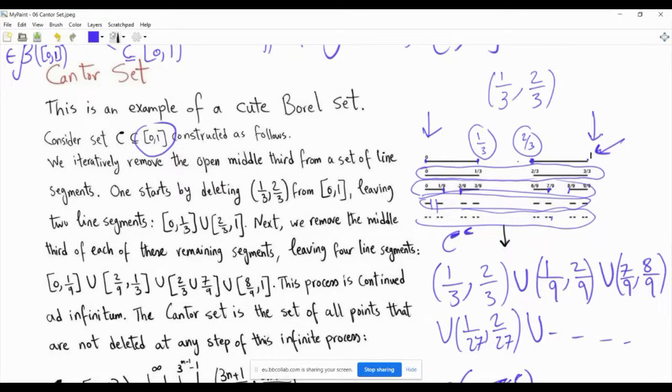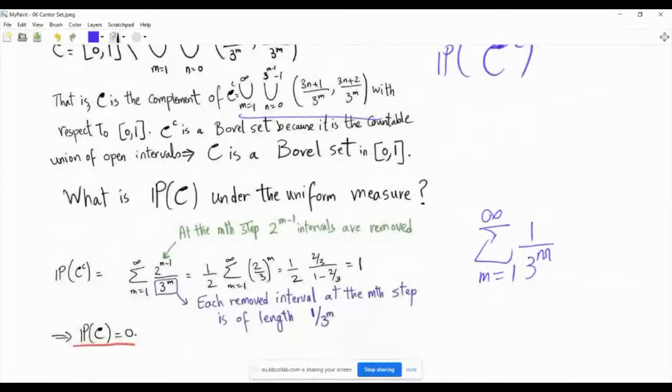Now, in the second step of construction, we remove these two intervals. Each one of them is 1/9 in length, then 1 over 27 in length, and so on. So 1 over 3 to the power m is the length, hence the probability of the open interval that has been removed during the mth step of construction.